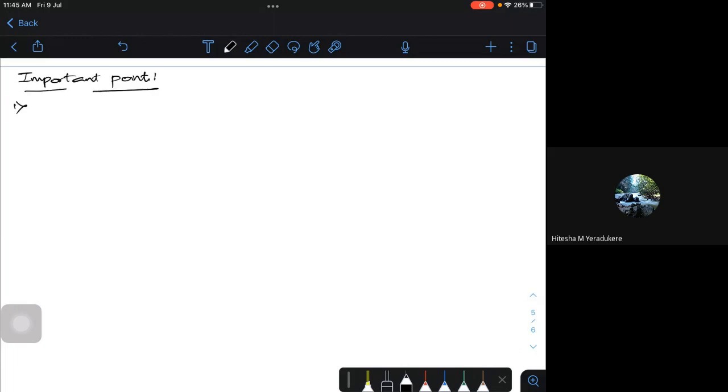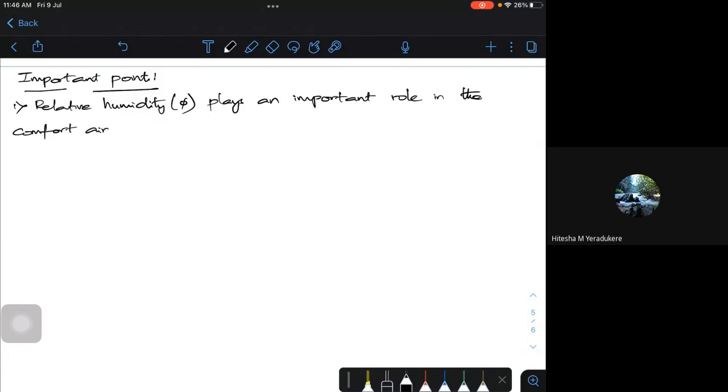First one, the relative humidity as compared to specific humidity. Relative humidity plays a very important role. The relative humidity, that is your phi, plays an important role in comfort air conditioning, or simply you can call it psychrometry.